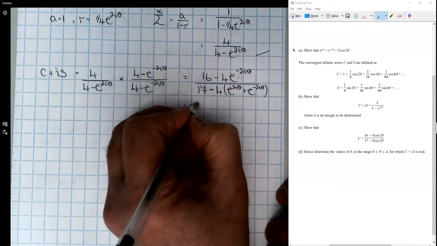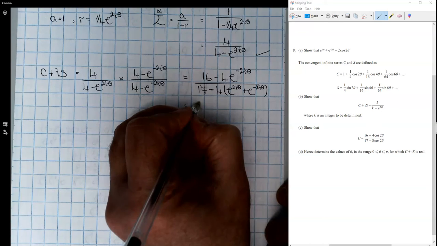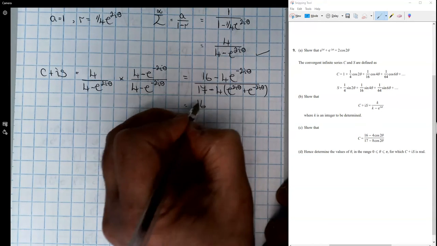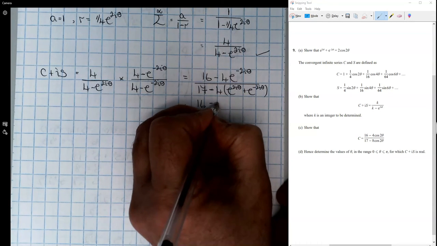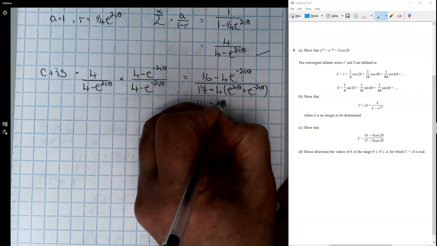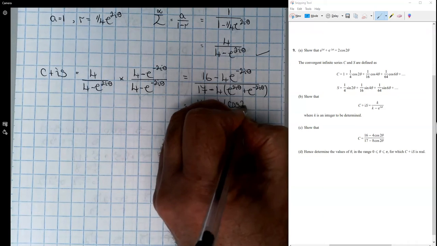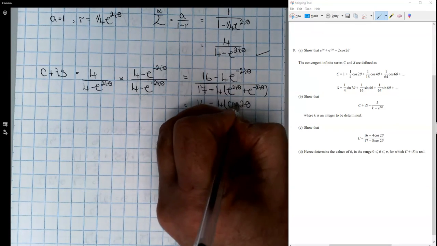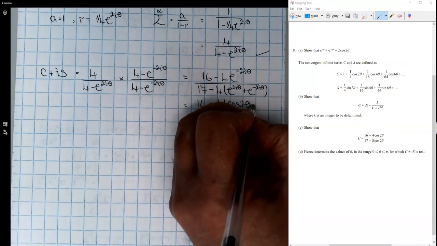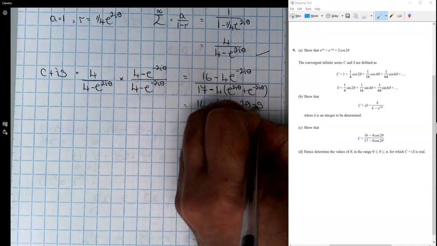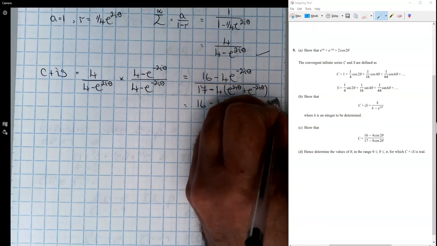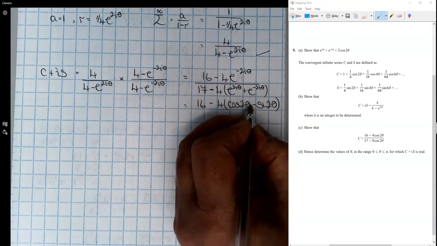Okay, and that equals 16 minus 4 cos 2 theta, or cos of minus 2 theta, which is cos 2 theta, minus sine 2 theta, because it's plus sine of minus 2 theta.